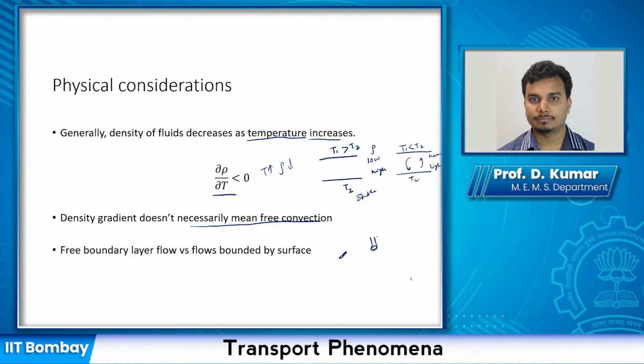Here it is hot, the ambient fluid is cold, so it will heat up and rise, and again you will have boundary layer formation, and then it will go up and form a plume. If you ignore the area near the rod, the plume forming is sort of free boundary layer flow.